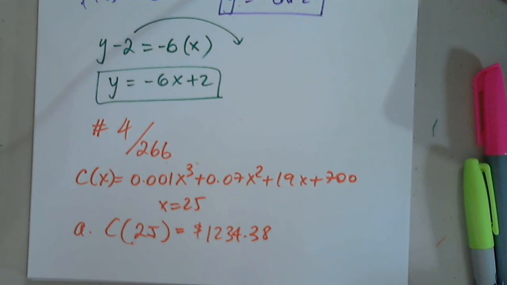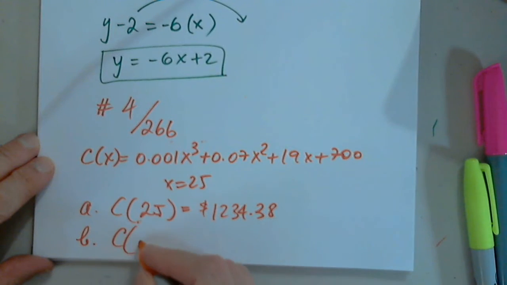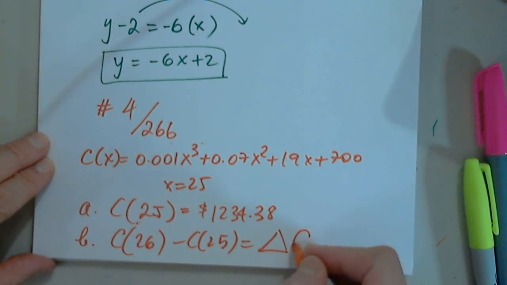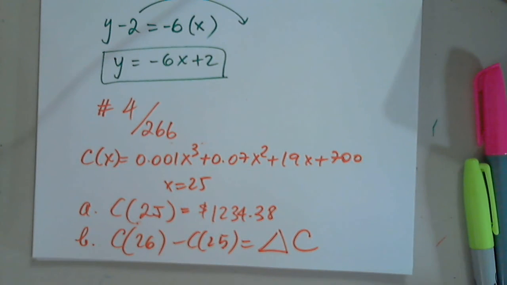Okay, next question. What would be the additional cost of increasing production to 26? It doesn't say an estimate or an approximate. So for part B, I have to determine C of 26 minus C of 25, which is the exact delta C. I have the 25, I have to determine 26.